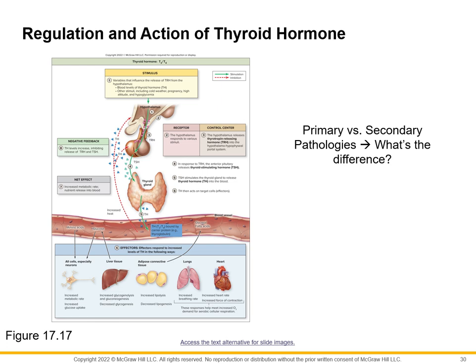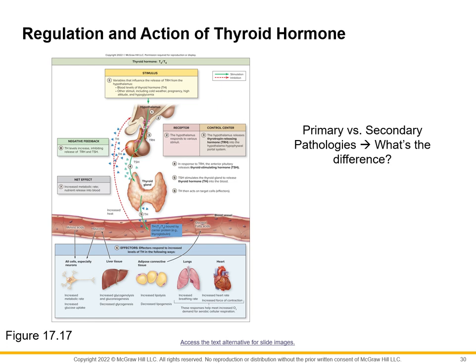Now you can have issues with thyroid hormone secretion in what are called primary and secondary pathologies. Essentially, a primary pathology involves the organ that actually produces the hormone. So for a primary thyroid pathology, it's going to affect the thyroid itself.